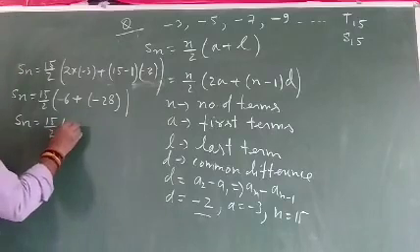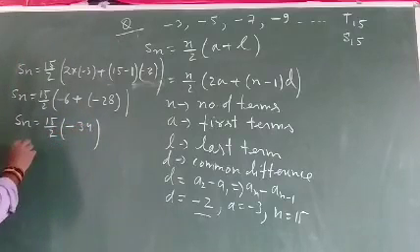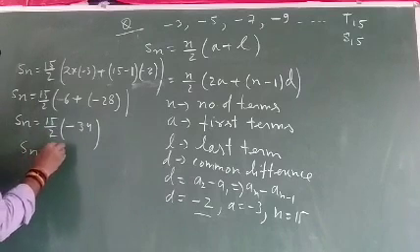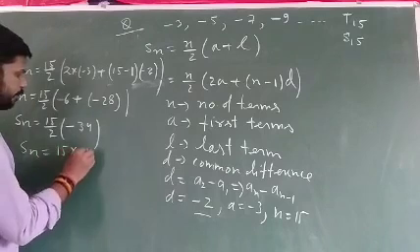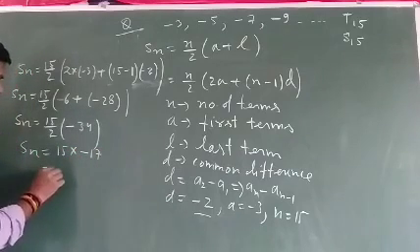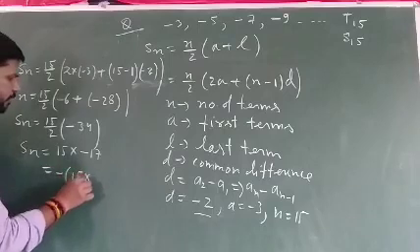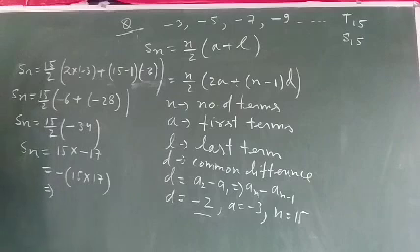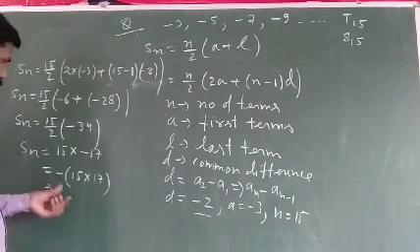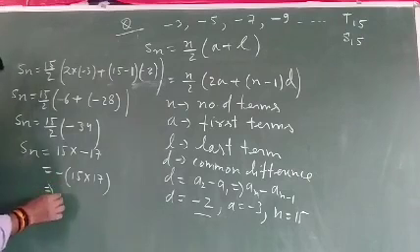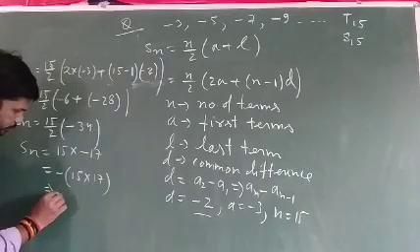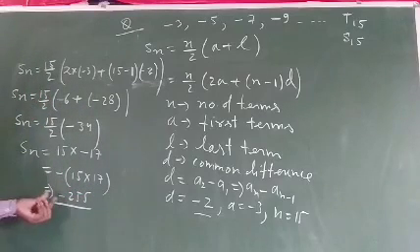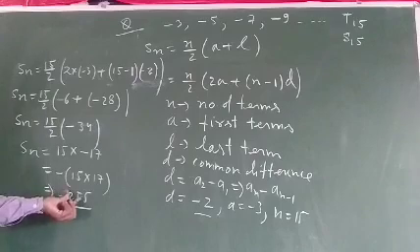Minus 6 and minus 28 you can have minus 34, and minus 34 can be simplified by 2. So Sn equals 15 into minus 17, and 15 into 17 you can calculate very easily. 15 into 15 we know is 225, and 15 threes are 45, so 225 plus 30 you can have 255, so minus 255. So here is the sum of 15 terms, S15, we have calculated as minus 255.